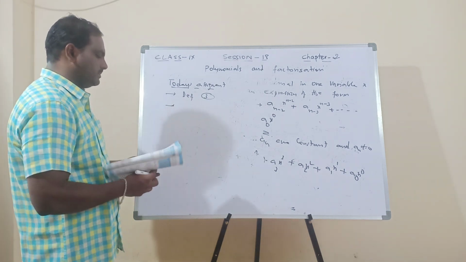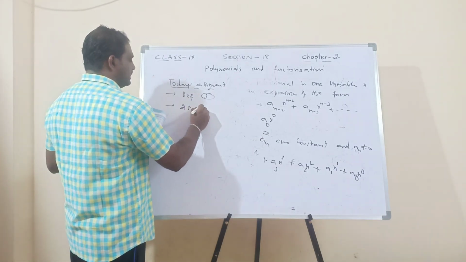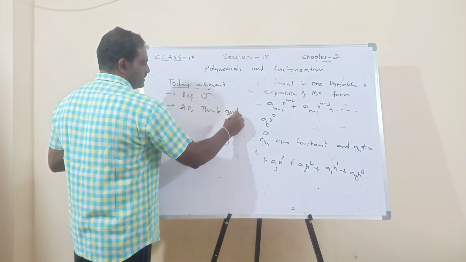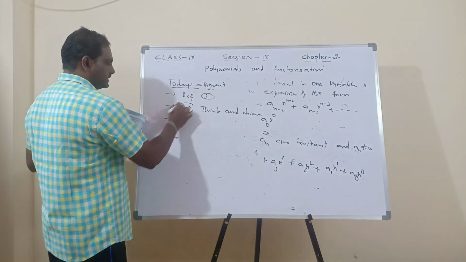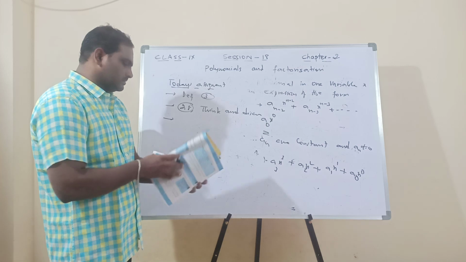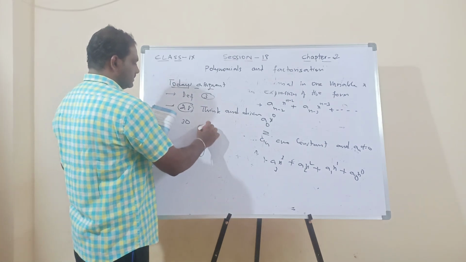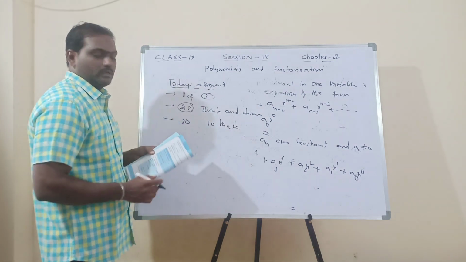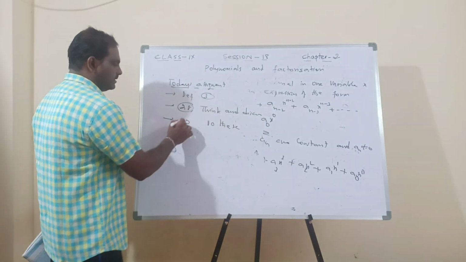Among that, first is page number 28, think and discuss. I already explained it, so you write that. Next task I have explained, page number 30, do this: write the degree of a polynomial and write the coefficients.